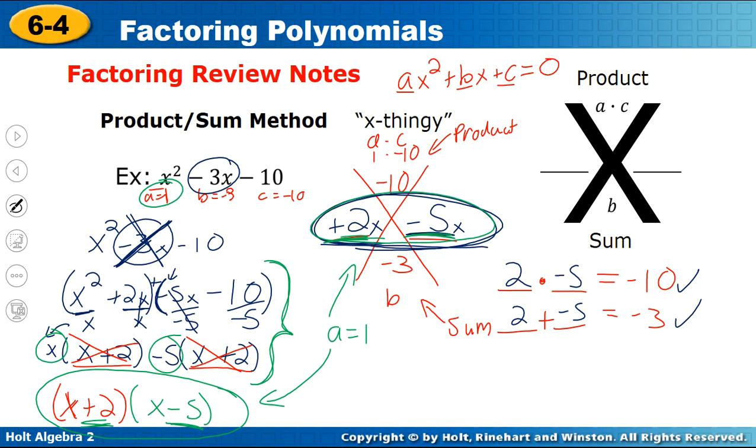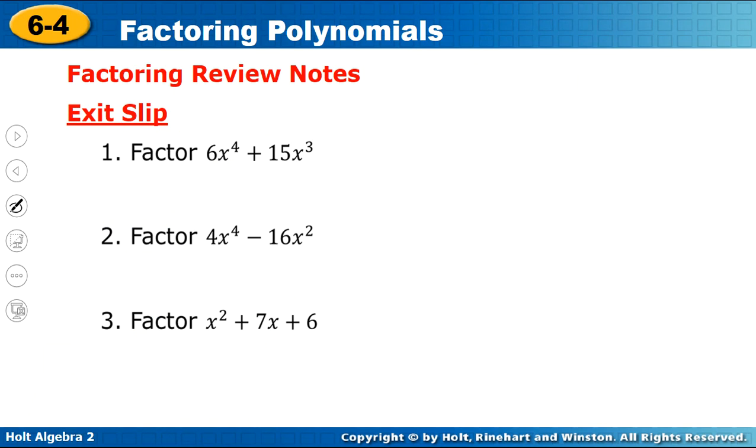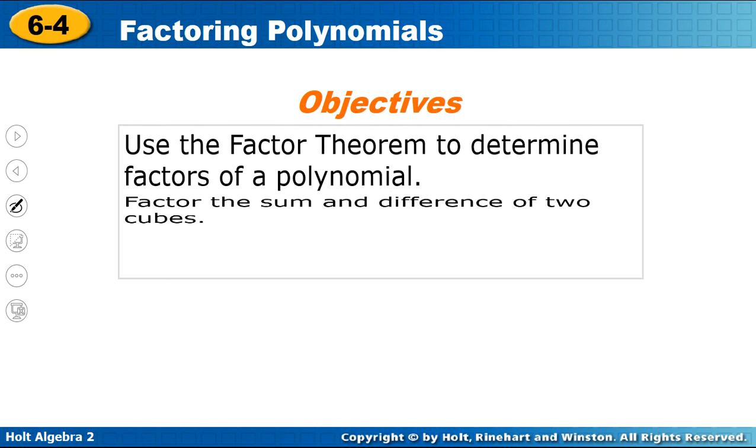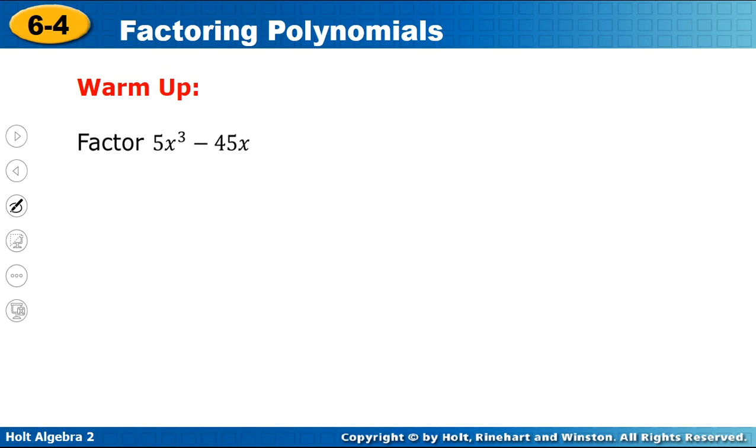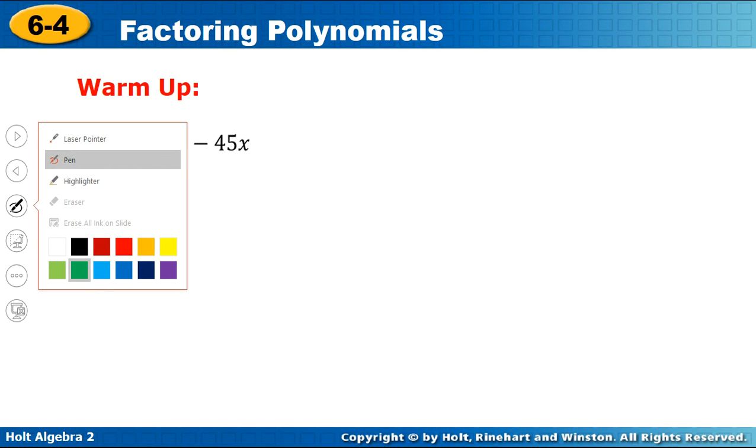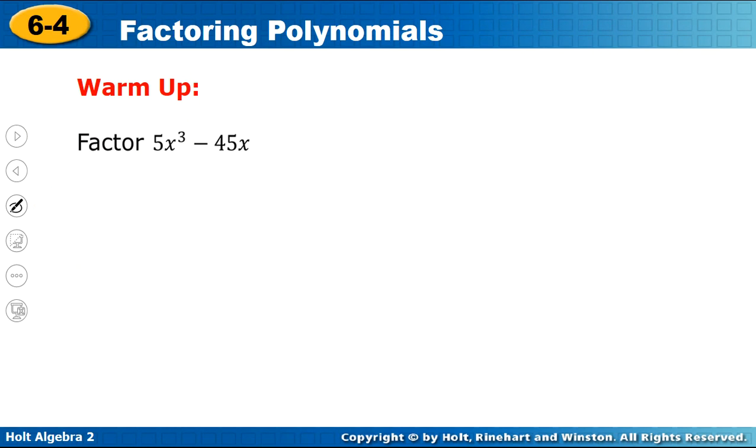All right, one other thing I want to show you. Let's look at the warm-up that we did the other day. We did this as a warm-up, and I just asked you guys to factor it. Now, if you go back to the method we just looked at, the first thing you should always look for is GCF.